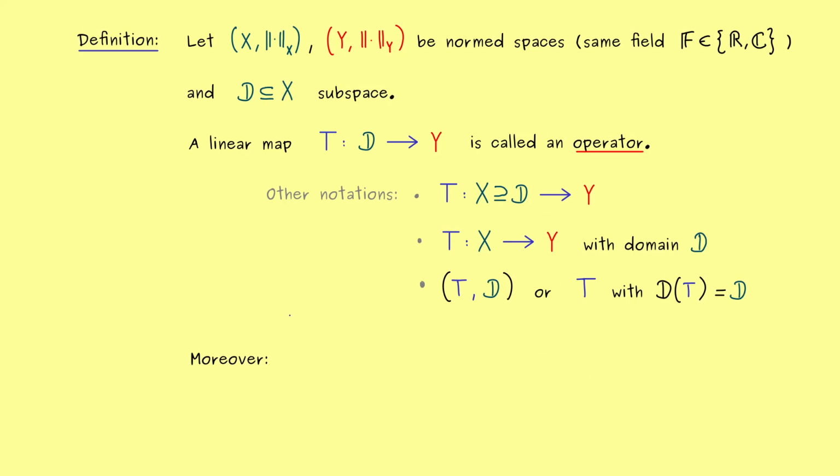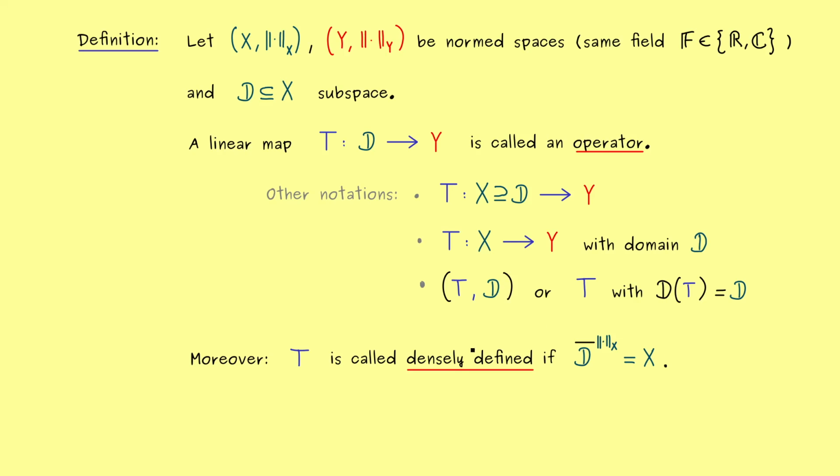definition here. Now for this course, a very important term will be given by so-called densely defined operators. And you might already expect that these will be the operators we will discuss in the next videos. And the definition should be very clear. T is called densely defined if the domain D is dense. More precisely, this means if you take the closure in the space X, then you get the full space X out.